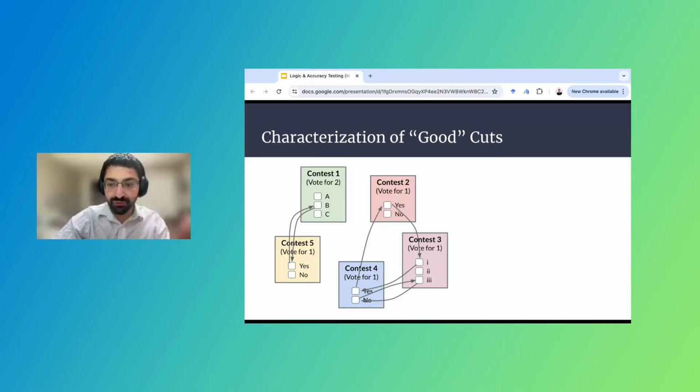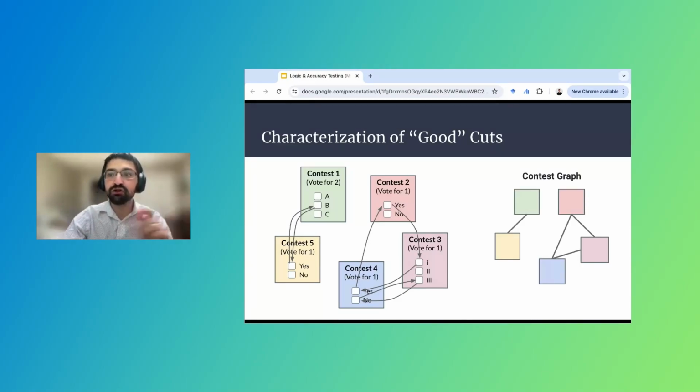Let's now, from this bijection, construct what I'm going to call a contest graph. So more formally, let a contest graph be defined from an incorrect bijection as an undirected graph that has a node for each contest and an edge between 2 nodes if the bijection caused a candidate from one contest to be swapped with a voting target from another contest.